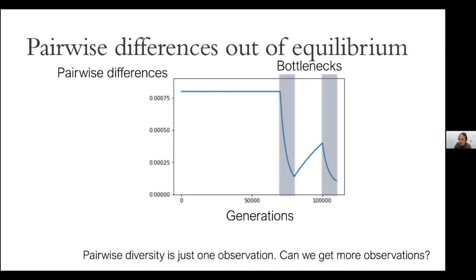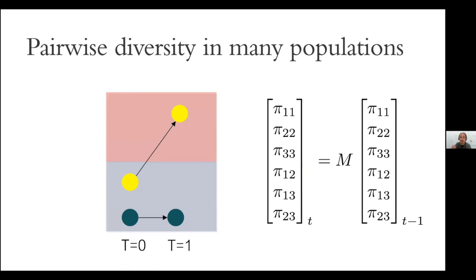So we can do the same kind of bookkeeping. If we have, say, three populations here, we're going to have 6 pairwise differences. We have pairwise differences between individuals within the population, and there are 3 of them. Then we have pairwise differences between individuals across populations, and there are 3 of them.